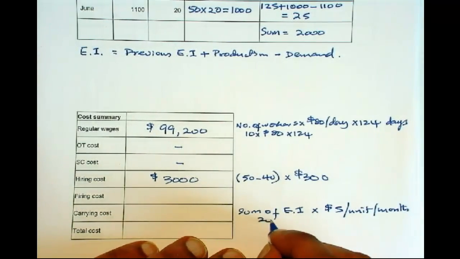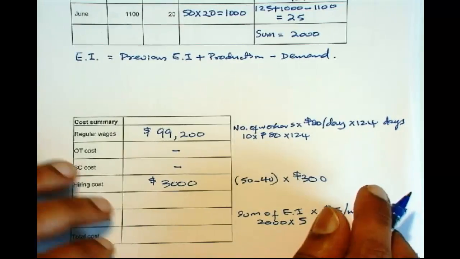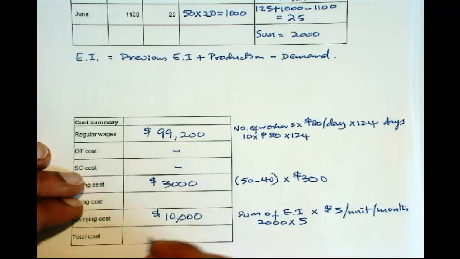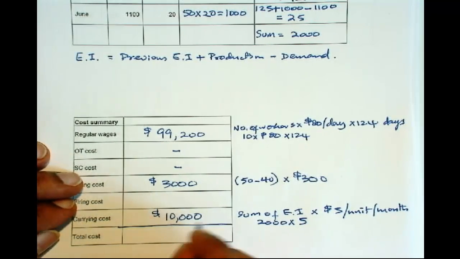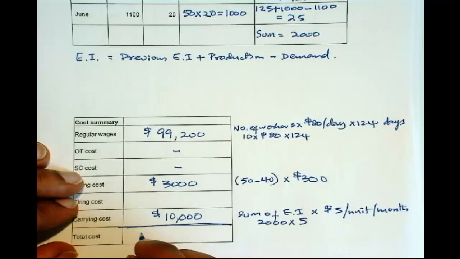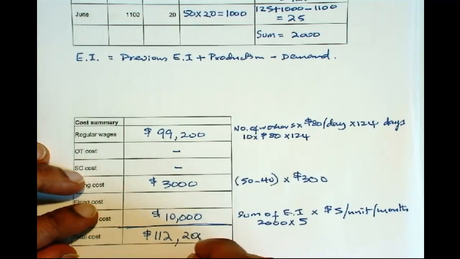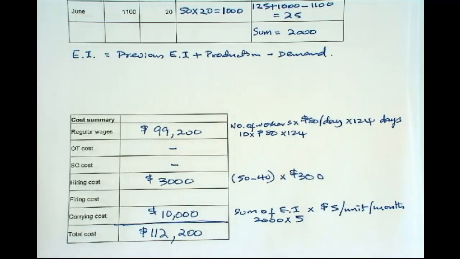That is 2,000 times 5, which will give you $10,000. So the total cost then is $112,200. And this is the cost for the level plan.